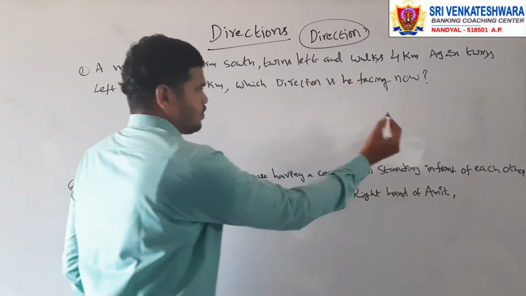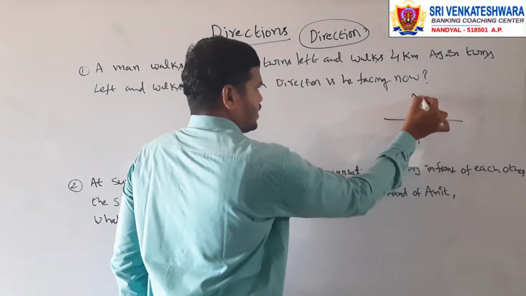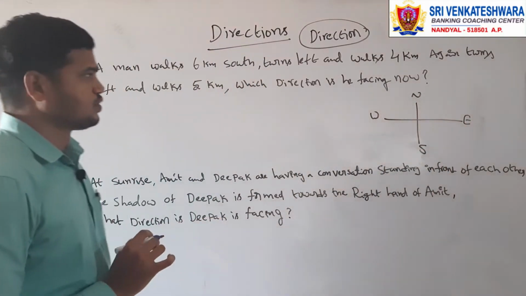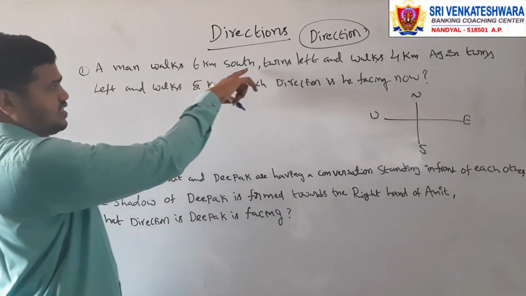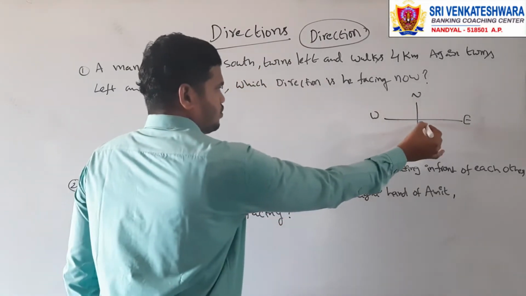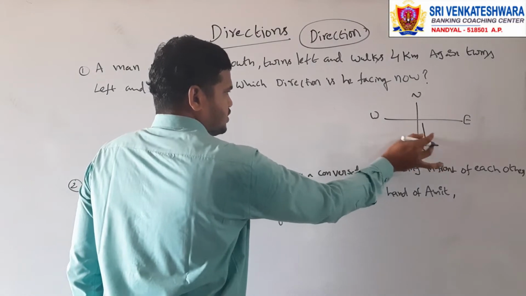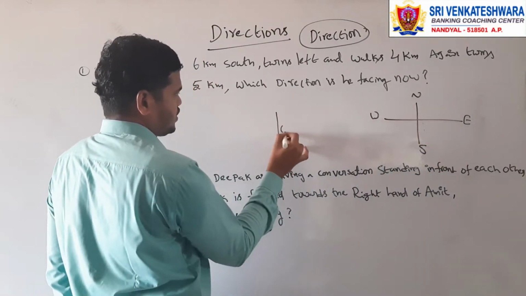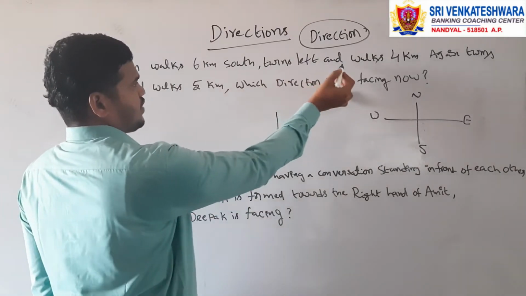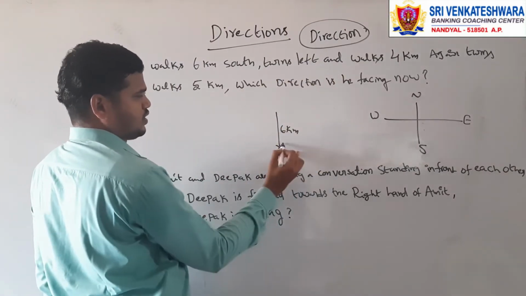First of all you need to draw the directions. A man walks 6 kilometers south, so in this direction we have 6 kilometers to the south. Turns left. So what is the left for this one? This is the left.